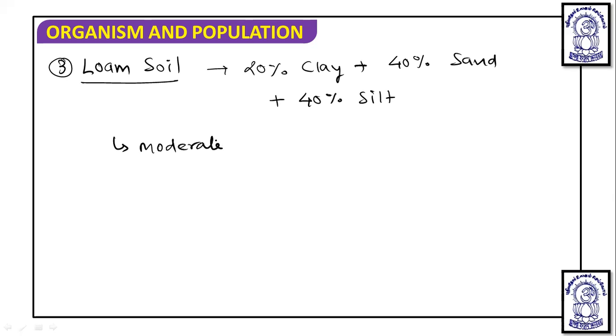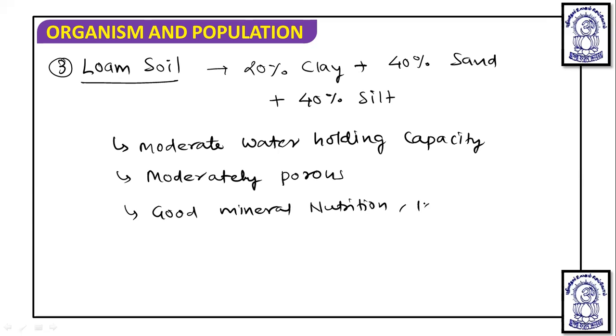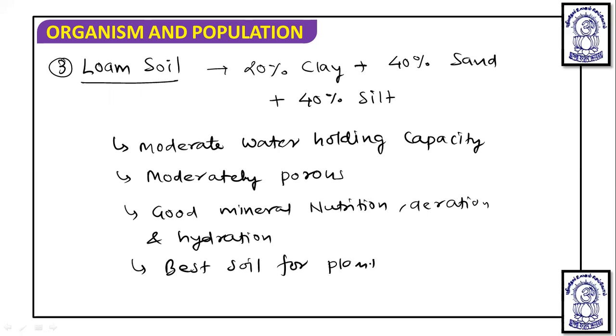It has moderate water holding capacity, is moderately porous, and provides good mineral nutrition, aeration and hydration, and therefore it is the best soil for plant growth.